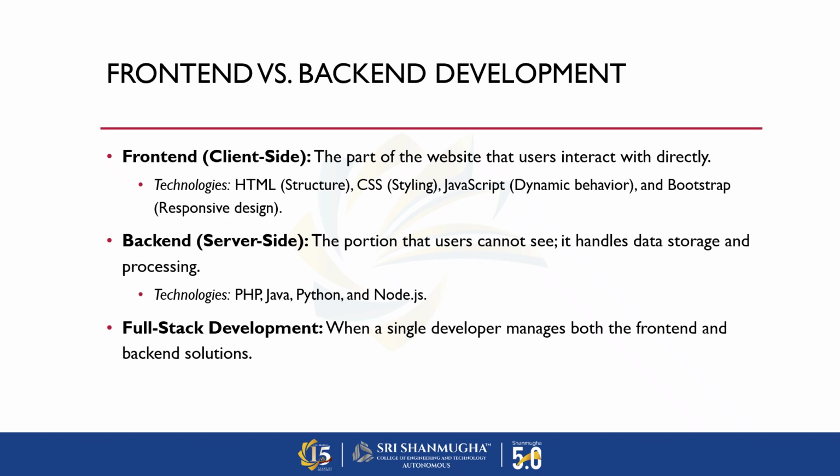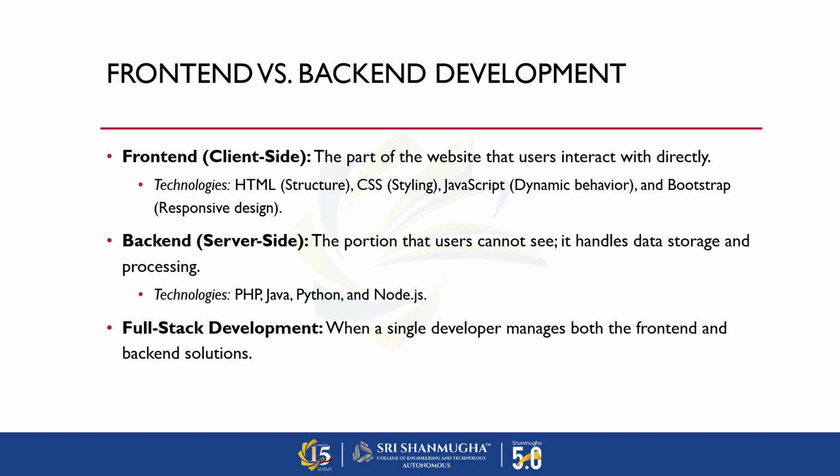So here, what is the front end and back end development? Front end means it is client side, the part of the website that users interact with directly. For example, a web browser. So the technologies used to develop any web browser are HTML, CSS, JavaScript, and Bootstrap.